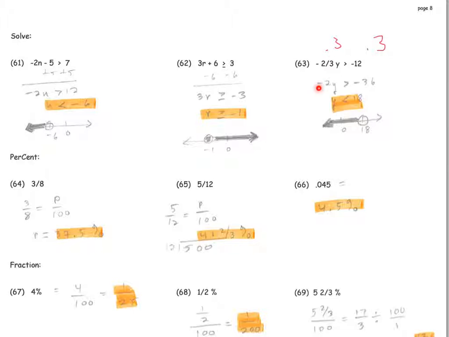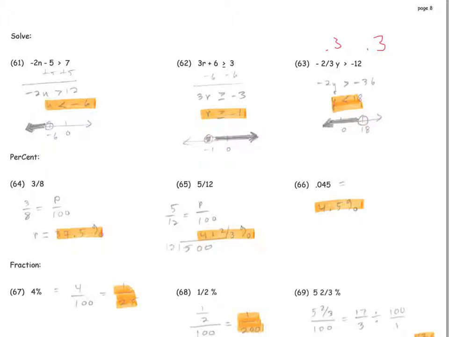But now when I divide by a negative number, the inequality is going to change to y is less than. Negative 36 divided by negative 2 is 18. So again, it's an open circle on the 18. I want numbers that are lower than 18, which are numbers that are down here, and that's what the graph looks like. Moving right along, the next thing you want to do is change things to percents.